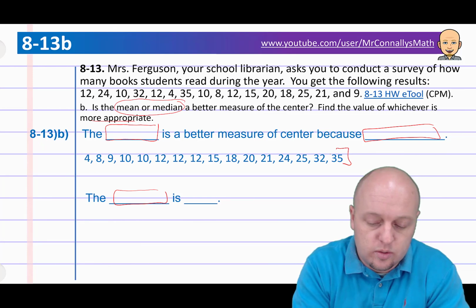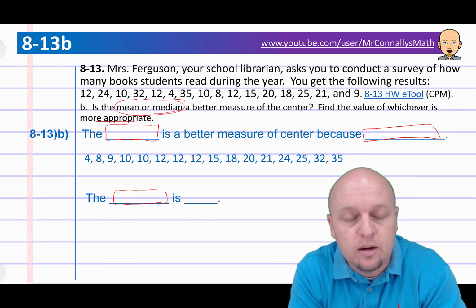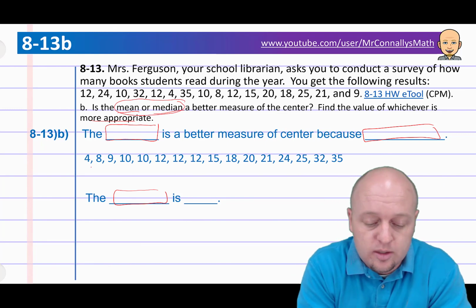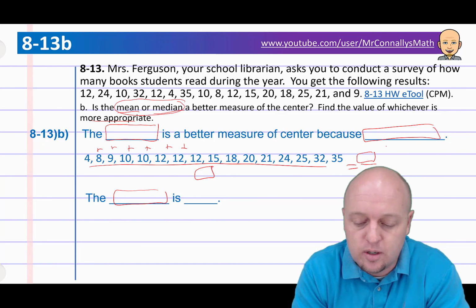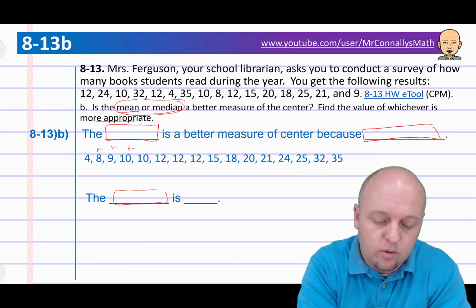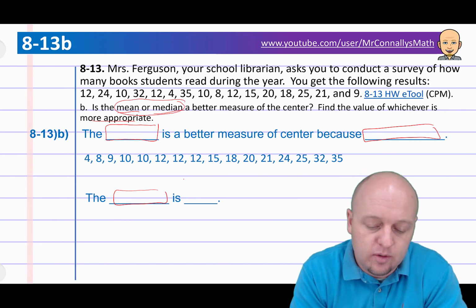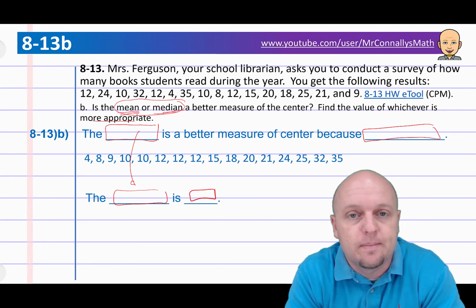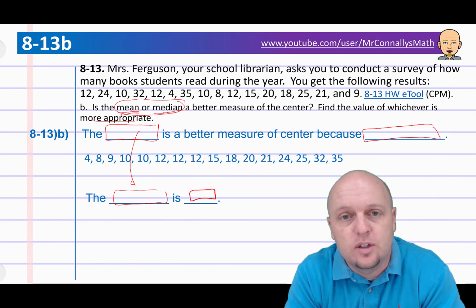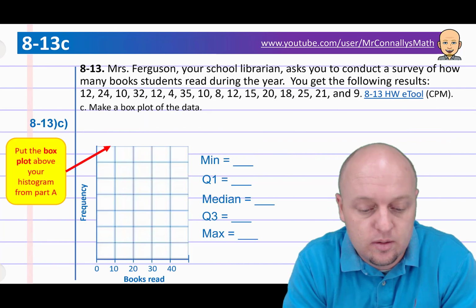If you think the mean, the average, is better, you'd add up every single number, then divide by how many numbers there are, and that would be the mean. Whatever you decide, you'll compute it from all the numbers. Go ahead and pause to finish that part, and let's move on to the next.